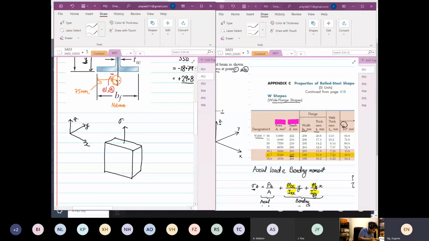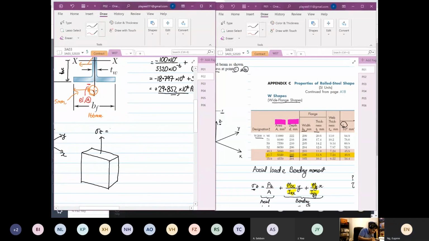What we have calculated now is a normal stress in Z, which is equal to 29.852 megapascal. This is induced by axial load, moment about the x-axis, and then moment about the y-axis.